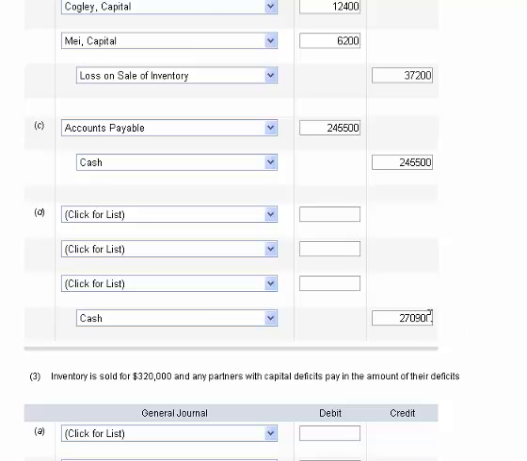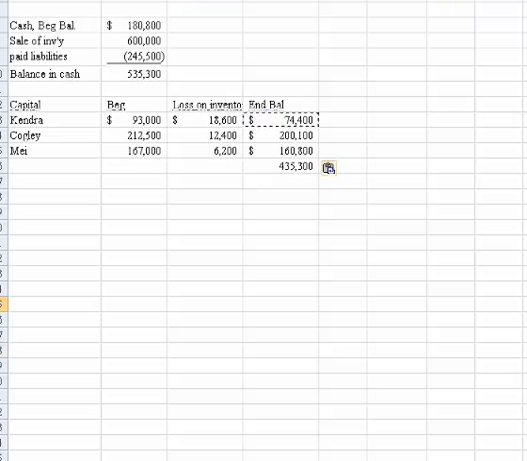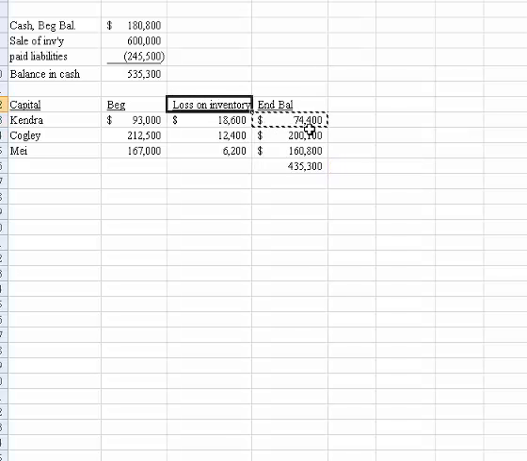Let's take a look at how that plays out. Okay, now in this case I dropped in those losses over here, and instead of adding now we need to subtract, and that's how we come up with the 435 ending balance.